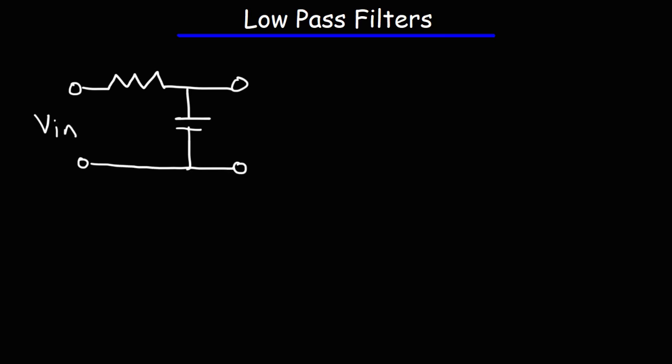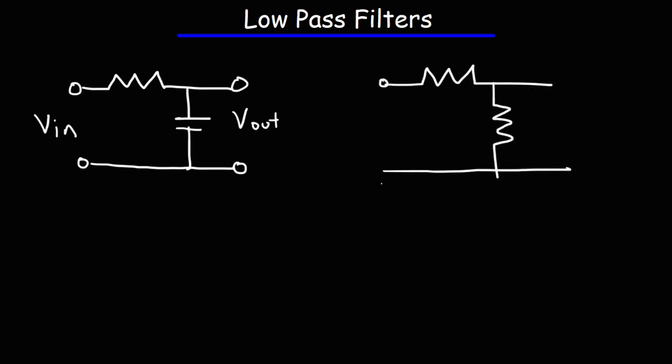Here we have the input voltage and the output voltage. Now this circuit looks similar to a voltage divider circuit. Let's call the first resistor R1, and let's call this R2.